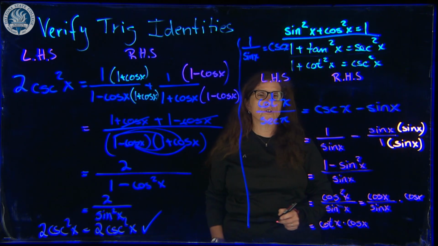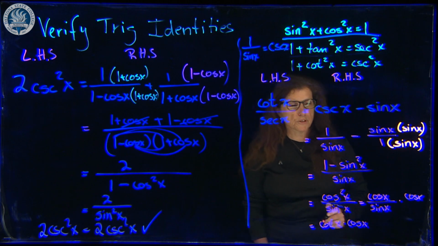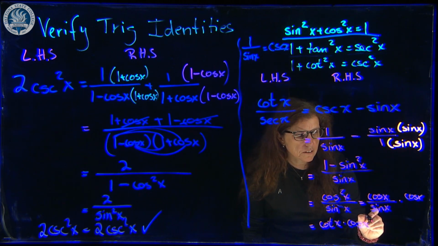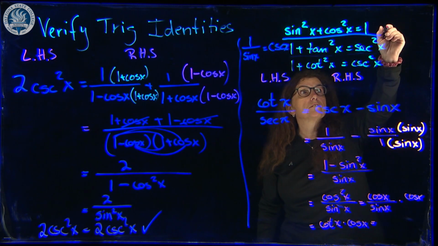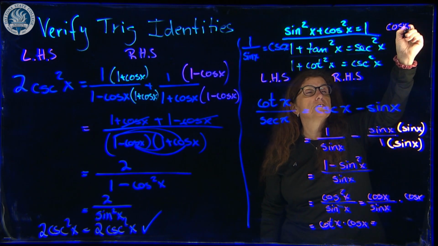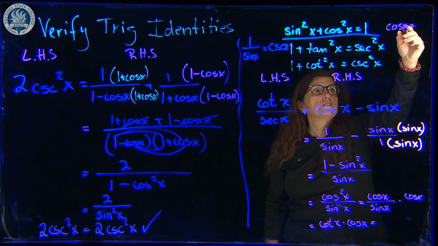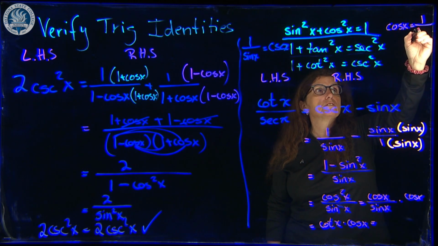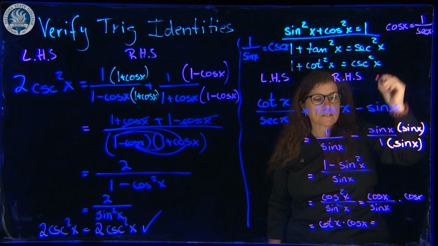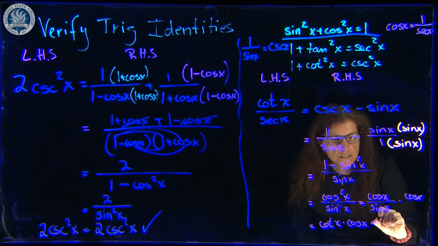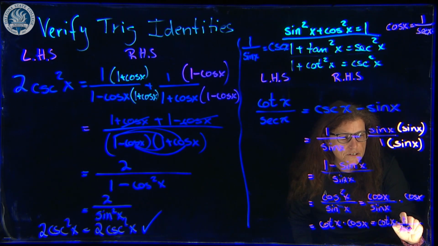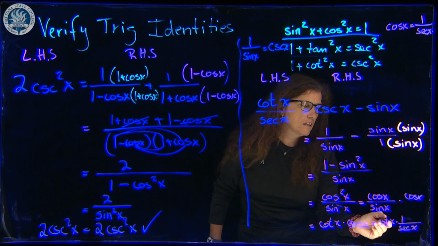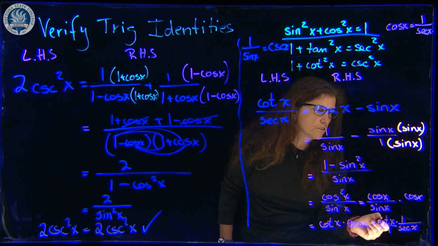But this says over secant. So what I'm doing next is to make it look like the left-hand side. Instead of cosine of x, another basic fundamental identity, the cosine of x is 1 over secant of x. So if I rewrite it into cotangent x times 1 over secant of x, and of course the cotangent is over 1.